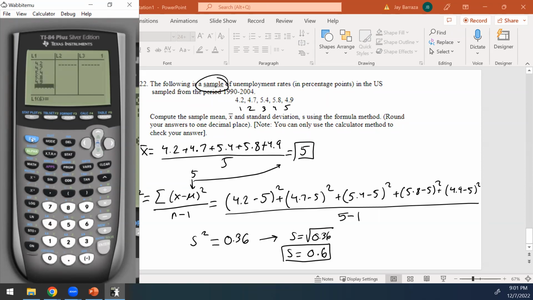And then you're going to do second quit, and you're going to do stat, and you're going to do calc, and you're going to do one var stat, and you're going to press calculate. And then X bar is 5, and then Sx is the correct answer. So it was 0.6 and 5. Any questions on that?